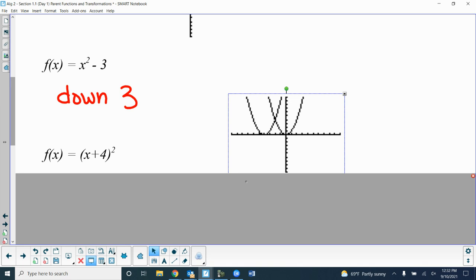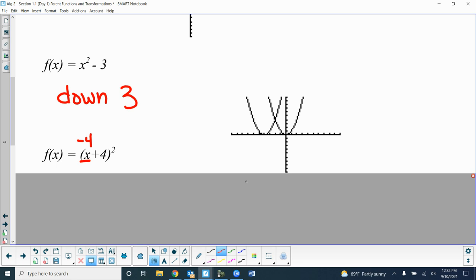Okay? What value for x do I need to put in here to make that equal 0? Negative 4. So it actually is going the opposite direction of what you think, because you want that to equal 0 to find that y-intercept or x-intercept, depending on what we're looking for.